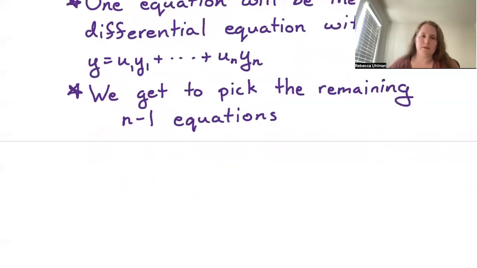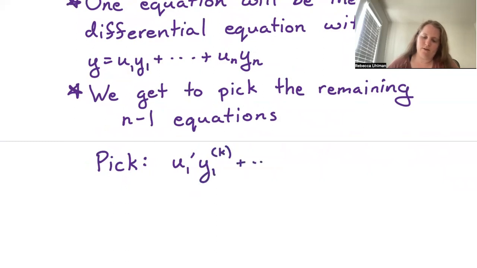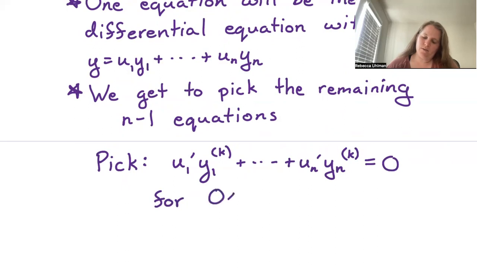So what we are going to pick will be the equations u1 prime times the kth derivative of y1 plus all the way up through un prime times the kth derivative of yn set equal to 0 for 0 less than or equal to k less than or equal to n minus 2.